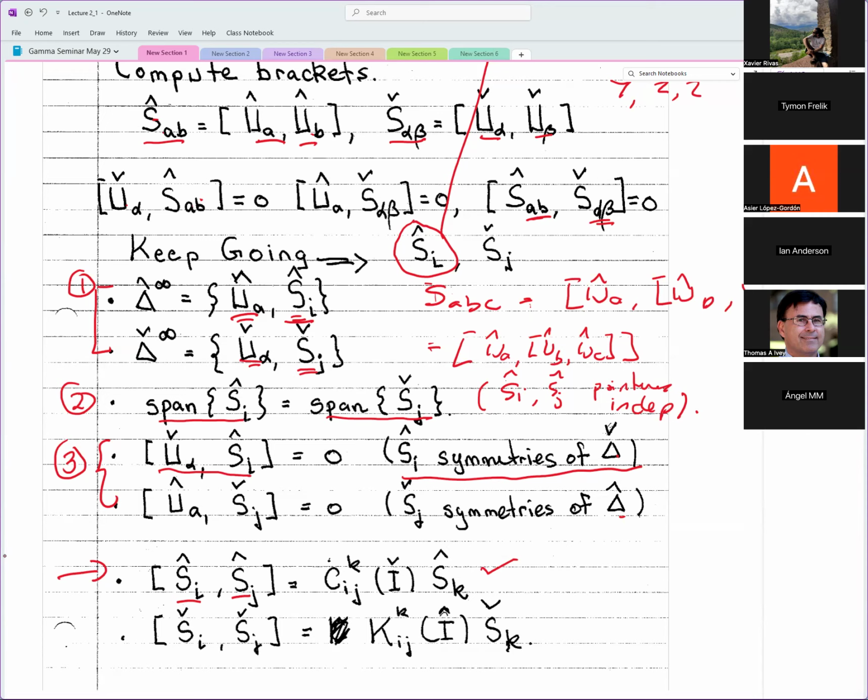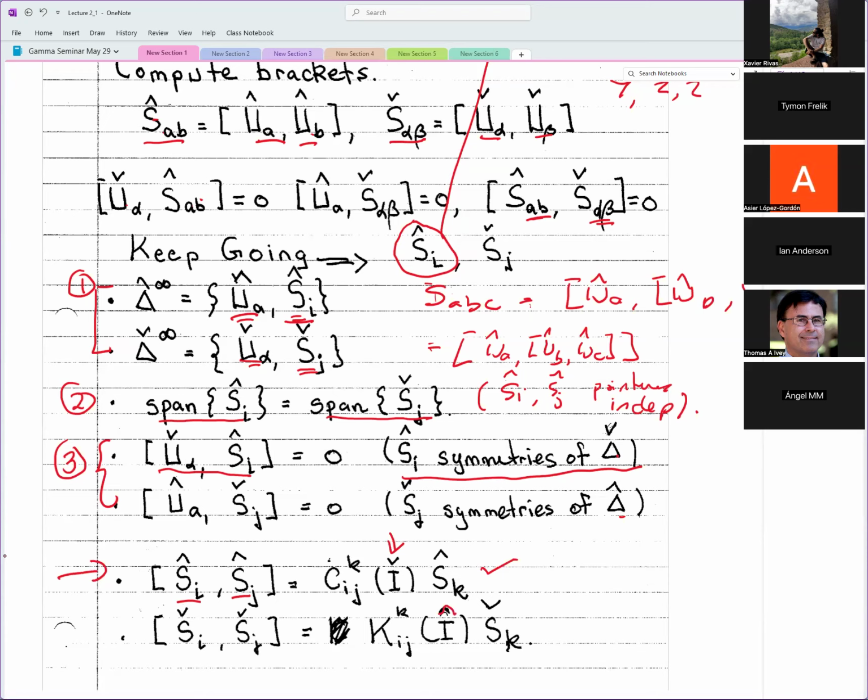And the structure functions here, a priori, could be any functions on the manifold, but in fact, I'm going to call them constants, these structure functions can only be functions of the I hat invariance. Likewise, if I take these brackets, I'm going to get some structure functions, and the coefficients can only depend upon this.